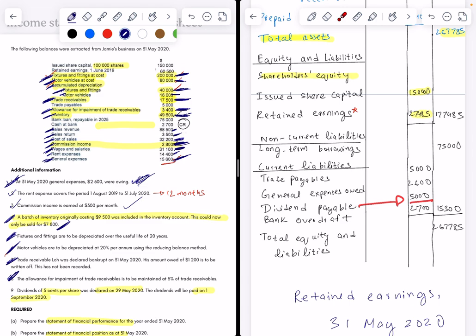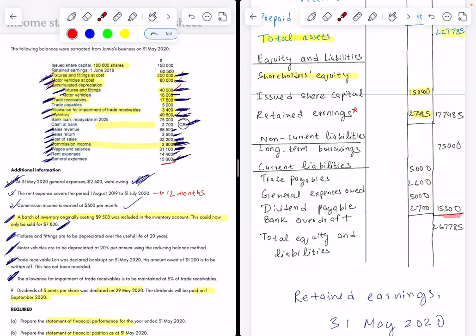Then we have got bank overdraft of $2,700 because we have no money in the bank account. Rather, we have withdrawn in excess. And this is justified based on the credit balance that is given here for the cash at bank. So altogether, the total current liabilities come out to be $15,300.